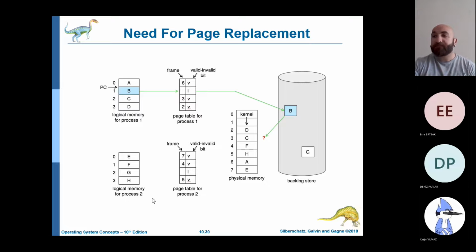So let's assume that this process is not now using one of those pages, so I can replace that page.